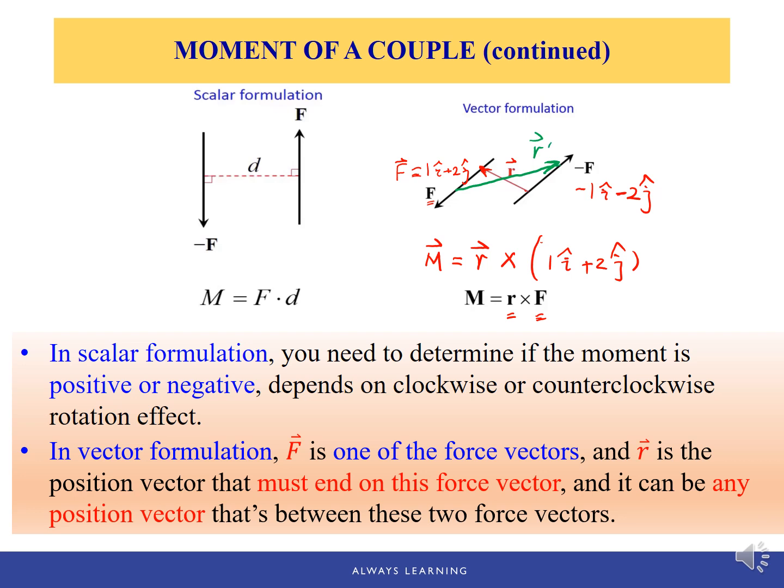If this is our choice, then the moment of this couple can be calculated using r prime cross, and this time since r prime ends on the vector negative F, we need to use the negative F vector, which will be negative 1 i hat minus 2 j hat. And both approaches should give you the same answer.